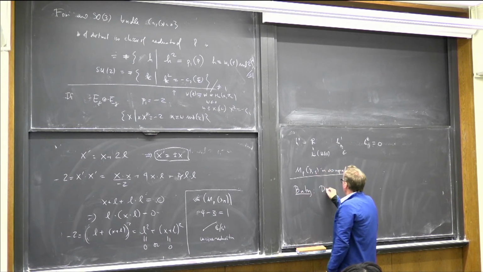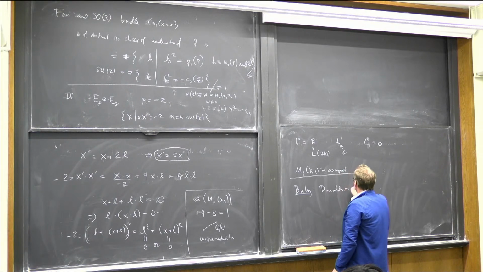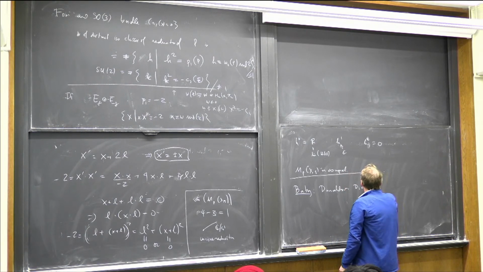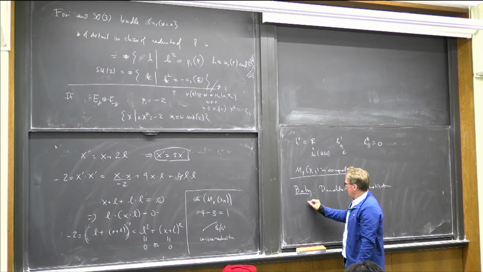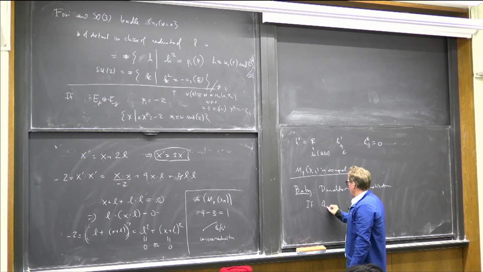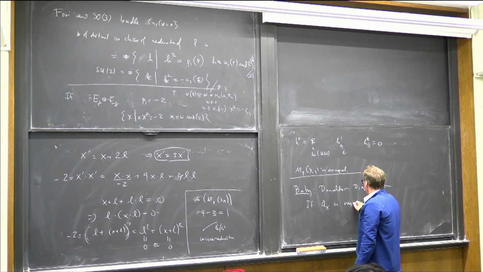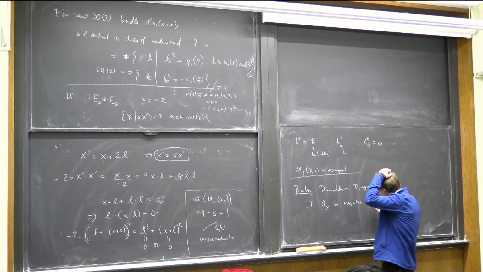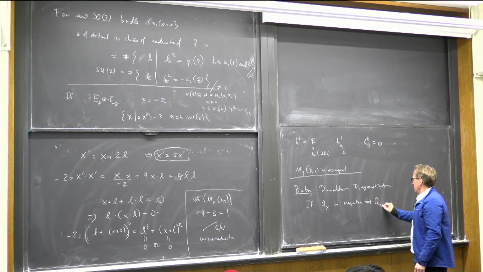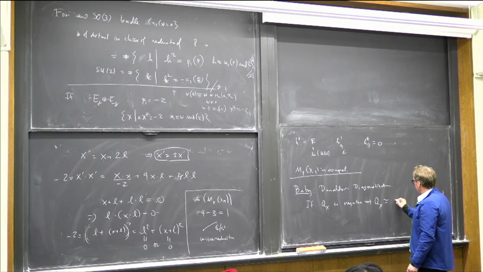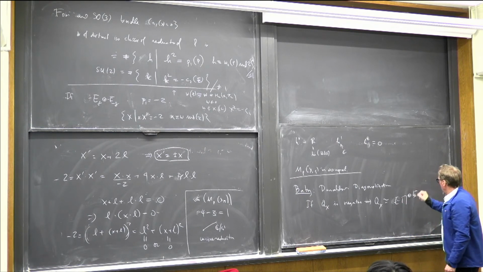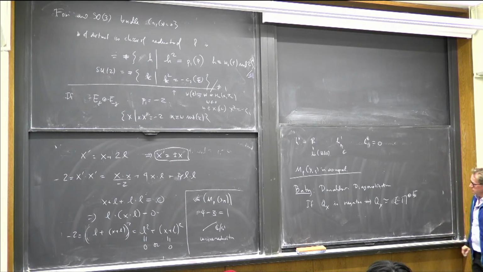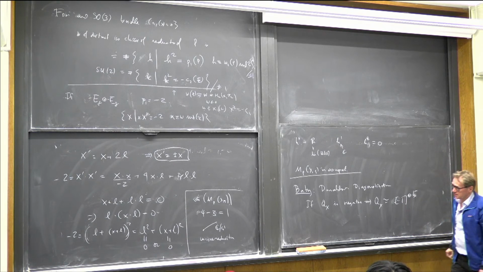We proved baby Donaldson diagonalization, which says that if Q of x is negative definite, then Q of x is a direct sum of just minus ones.